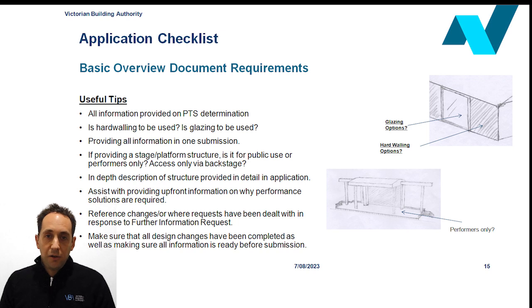This means that the technical advisor doesn't have to go back over the assessment again, costing all parties much more time, as there are slightly different requirements for barrier and live loading for performer use only under the Temporary Structure Standard 2015 for a stage and platform.